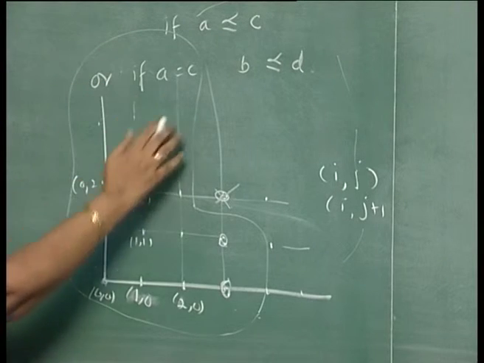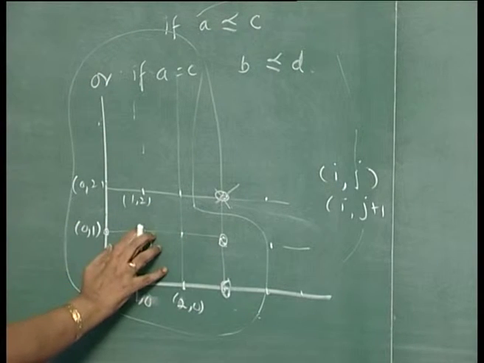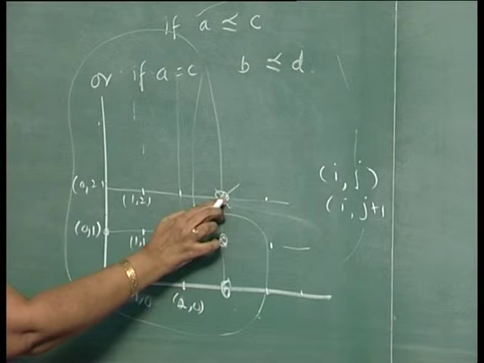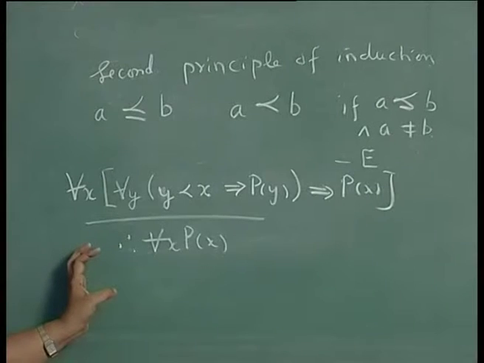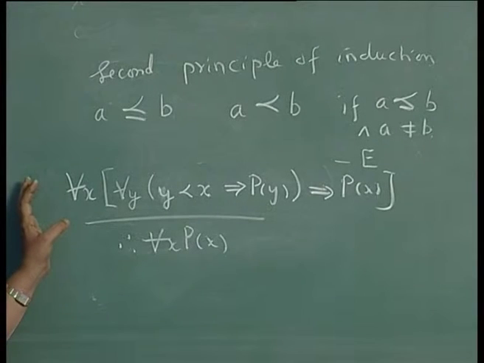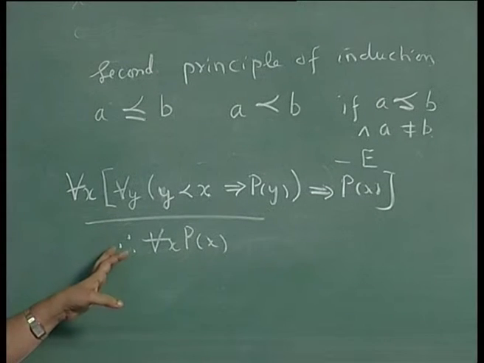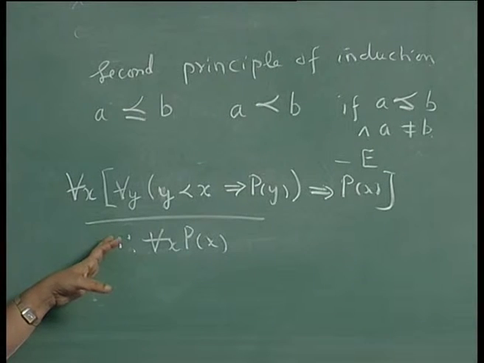Then assuming that the property holds for all these, I prove that it holds for this. If you are able to do that, then you can conclude that for all x, P(x). That is, this is the premise and this is the conclusion. And if we are able to prove the premise, then the conclusion follows. How is that?